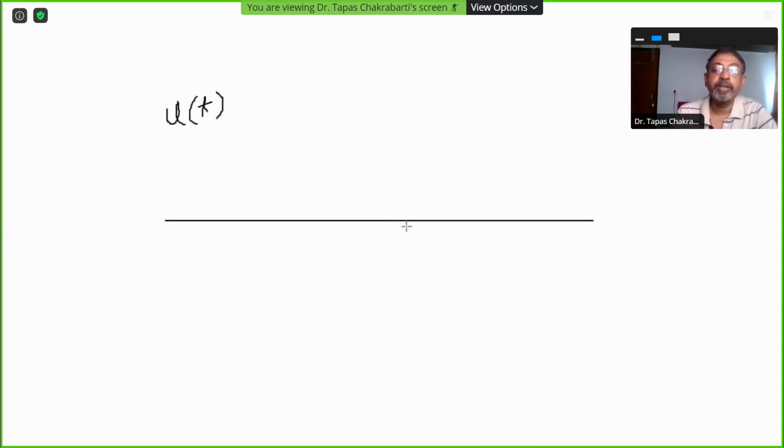Suppose this point is the 0 point, and obviously this is the axis of t.